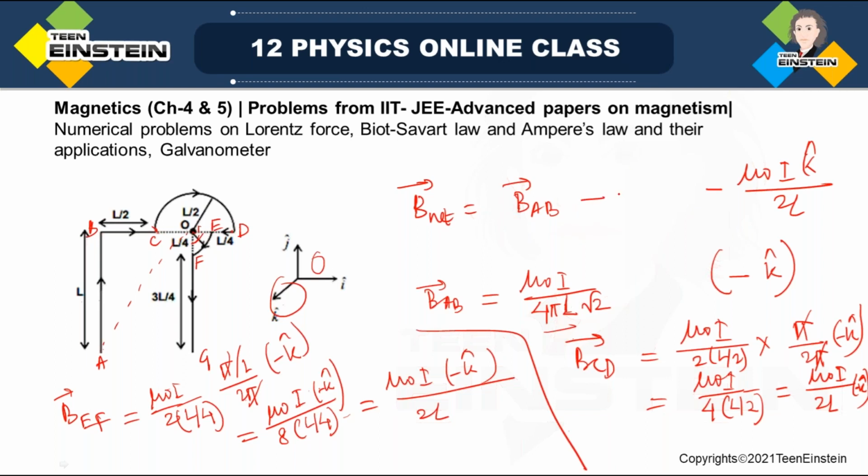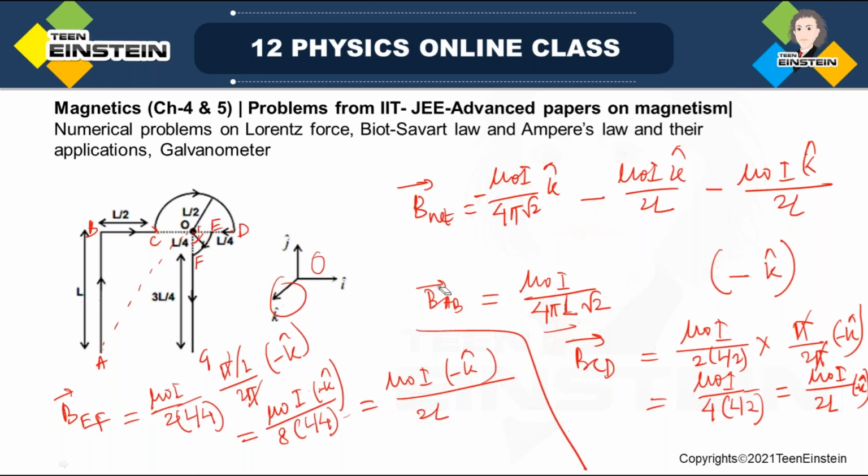For EF, actually it is 2L. This is also μ0 I k cap by 2L, and this is also with a minus sign. For this we get μ0 I by 4π root over 2 into minus k cap again.